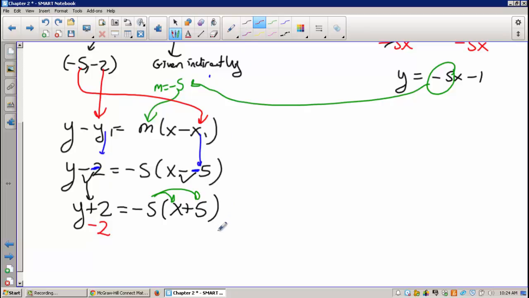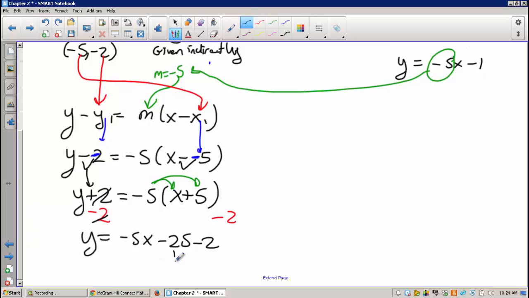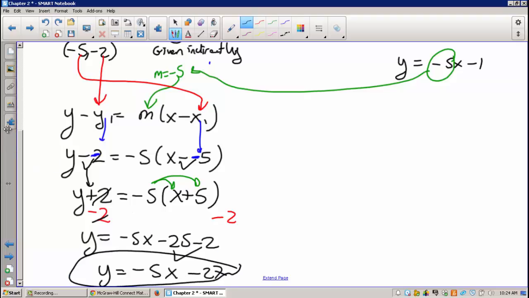Okay? So I subtract 2 from both sides and multiply this parentheses. Distribute the parentheses. So it's minus 5x minus 25 and minus 2, and these two combine into minus 5x minus 27. So do not rush to plug in your answer.